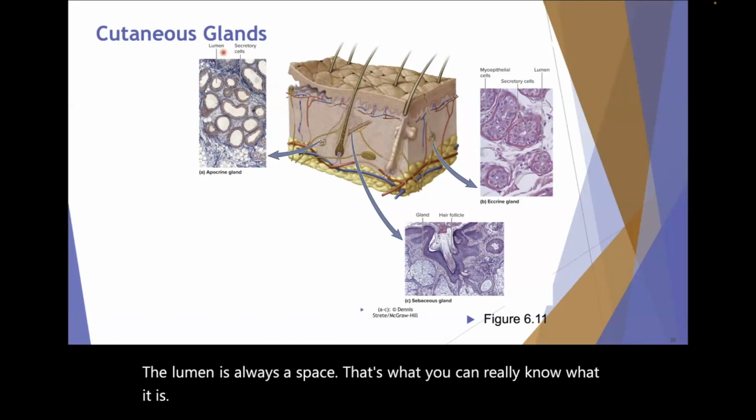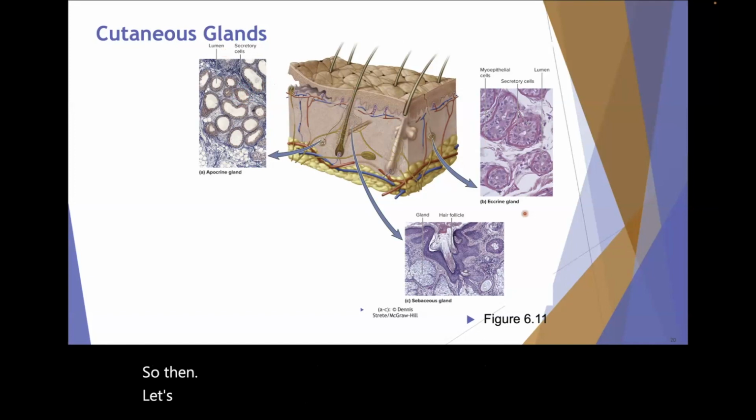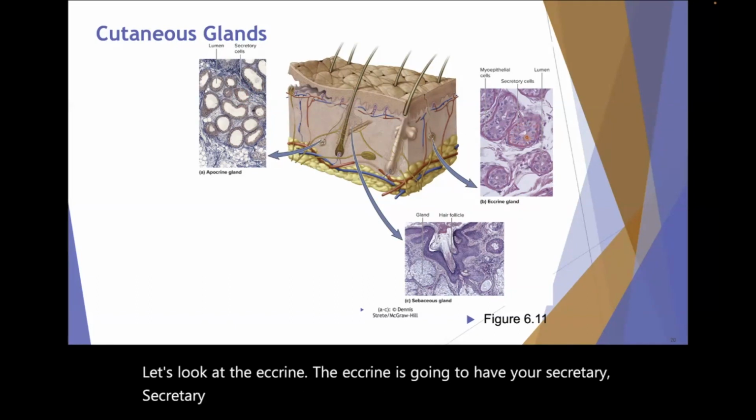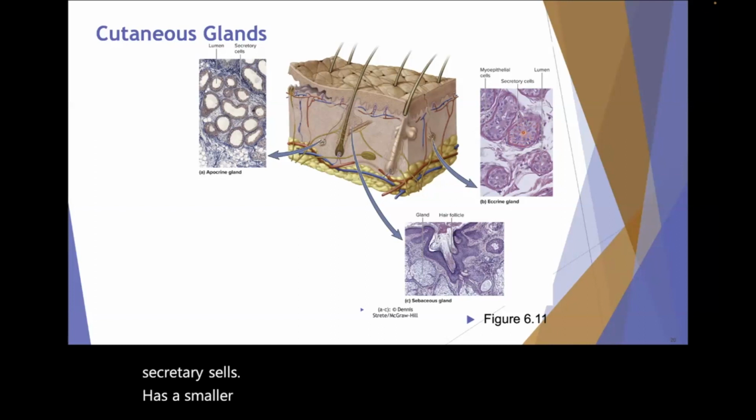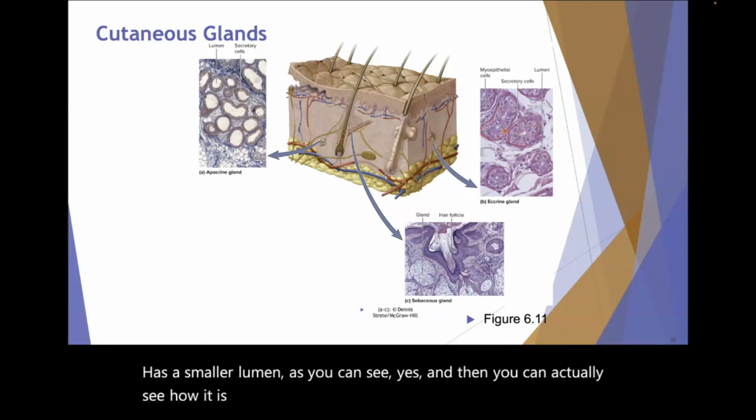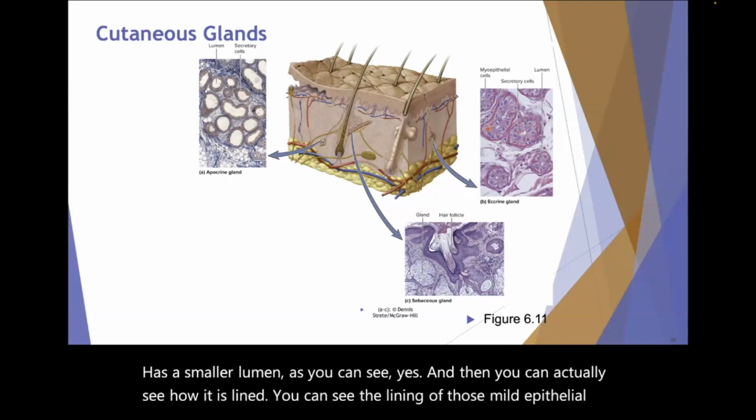Then let's look at the eccrine. The eccrine has your secretory cells. It has a smaller lumen, as you can see. And you can actually see how it is lined, the lining of those myoepithelial cells.